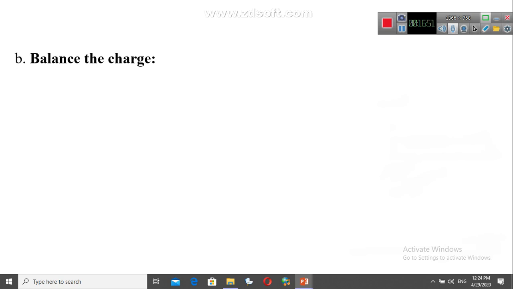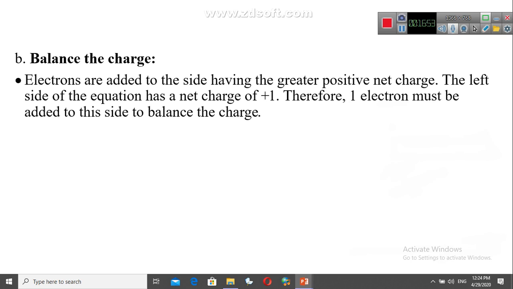How do we balance the charge? By the same process. Electrons are added to the side having the greater positive net charge. The left side of the equation has a net charge of positive 1. Therefore, 1 electron must be added to that side to balance the charge.